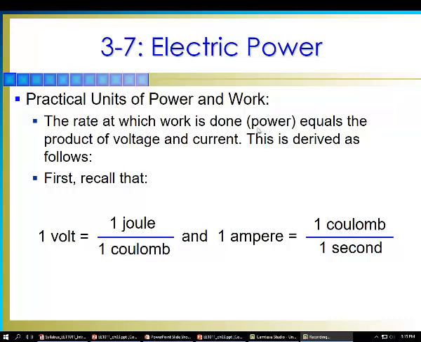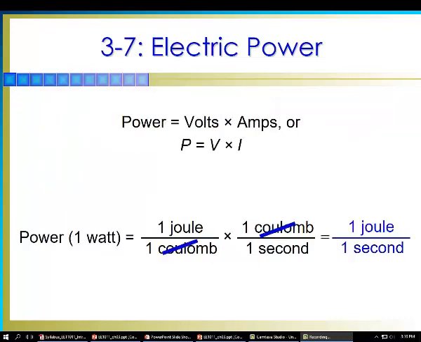Now remember, actually we haven't talked about it yet, but power is equal to the product of voltage and current. So 1 volt, from chapter 1, remember, was 1 joule divided by 1 coulomb. And 1 ampere is 1 coulomb divided by 1 second. So if we multiply the voltage times the current, these are the units that we're going to be dealing with.